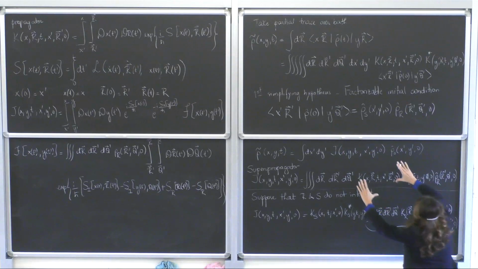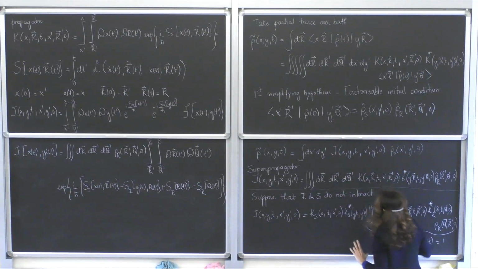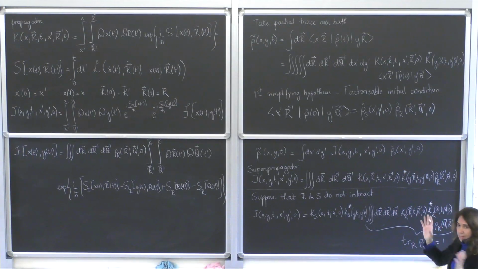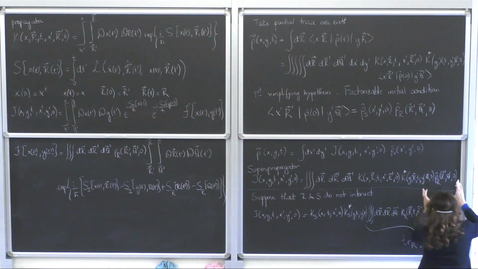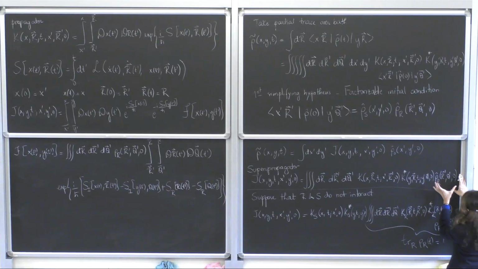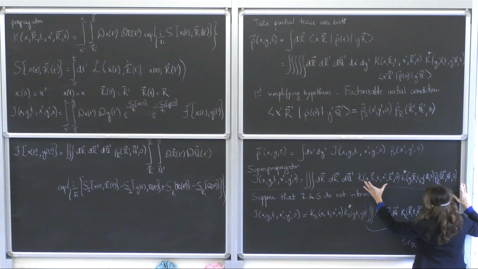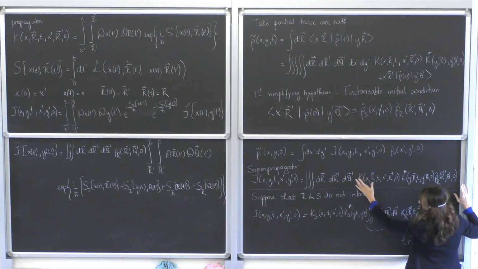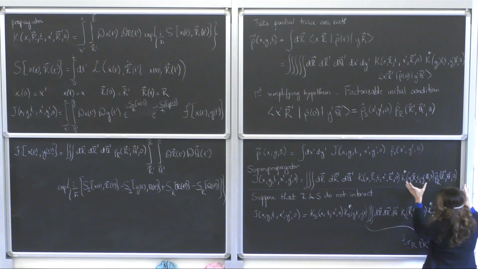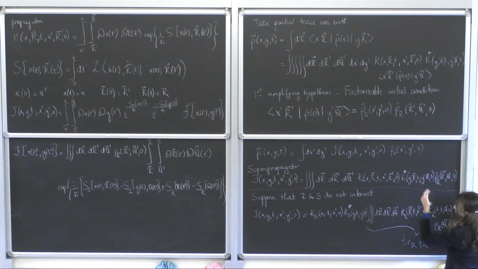But the difficulty is to calculate this. Okay, I have a system of n plus 1 particles. I have the initial density operator for the bath times this k, which is a Feynman propagator for the total system, times the k star, which is the backward propagator.